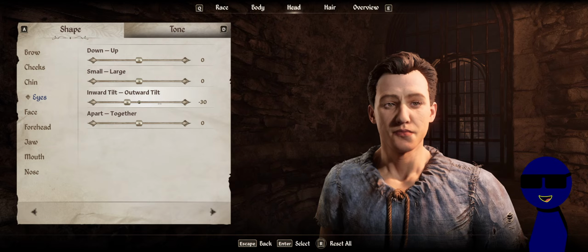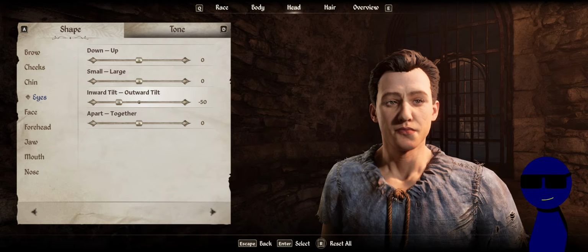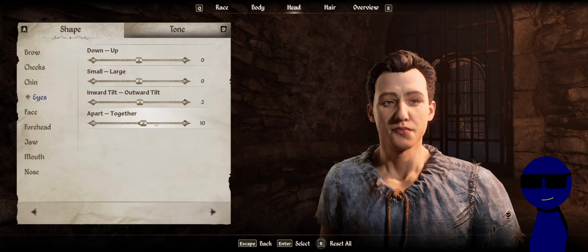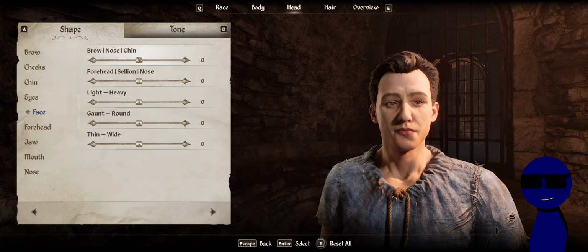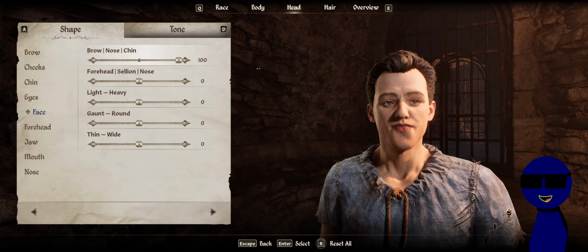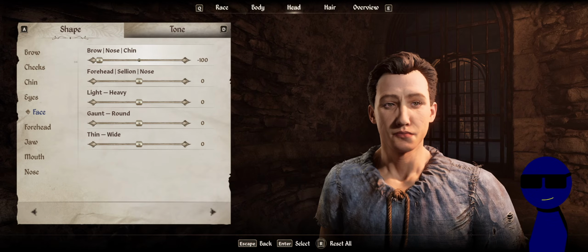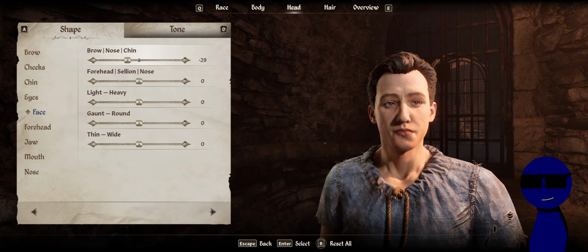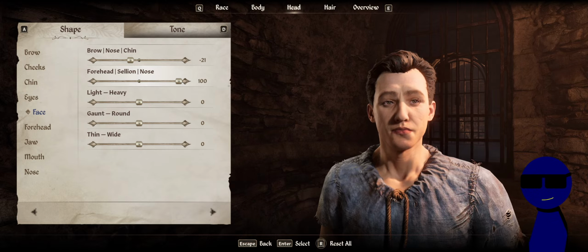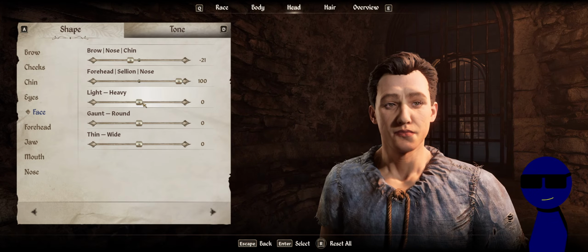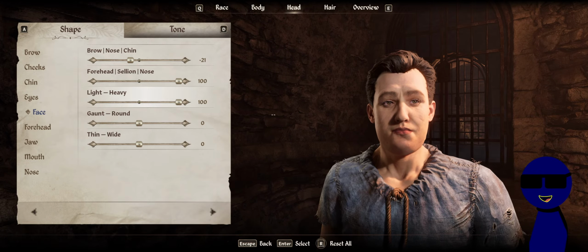Oh god, that just looks so creepy. Potato.